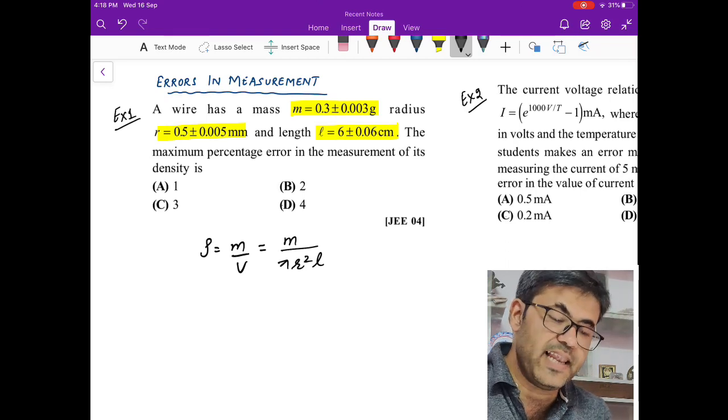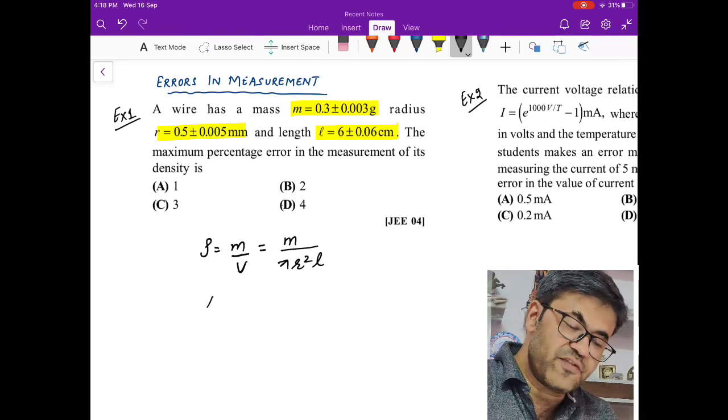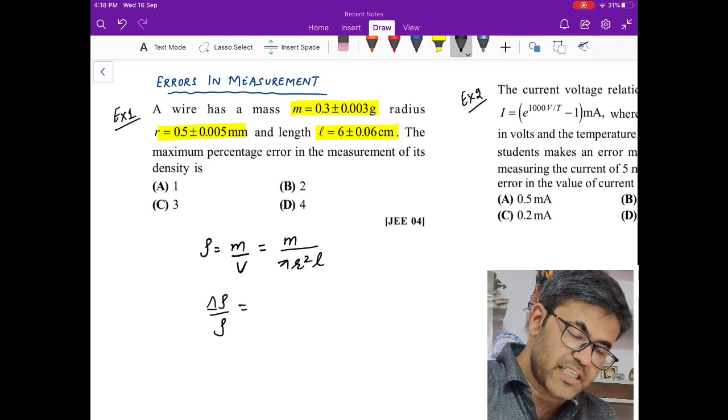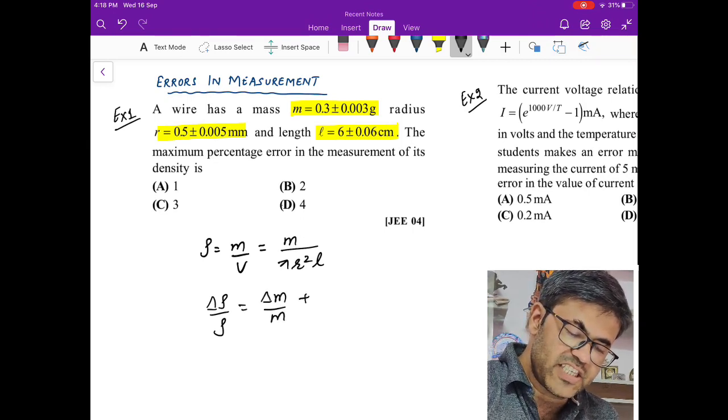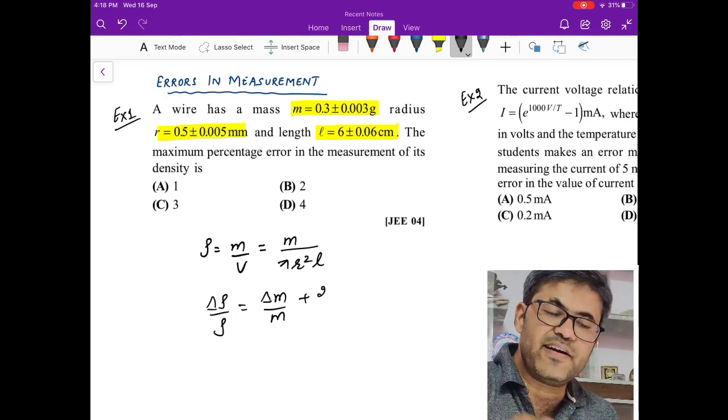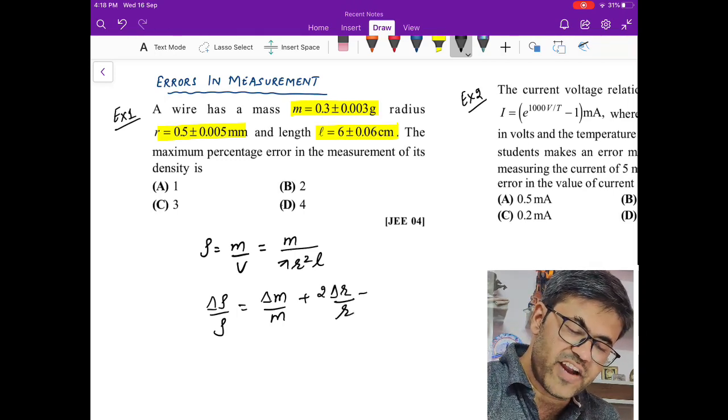So if we check for the density's error, the maximum possible error, that is what we take in the case of errors, would be the fractional error in mass, plus twice the fractional error in radius, plus the fractional error in L, because pi is a constant.